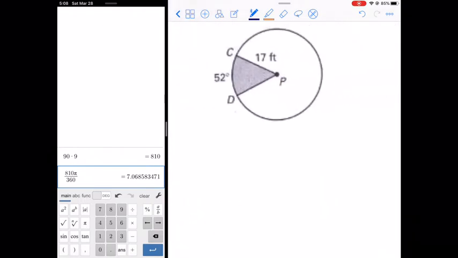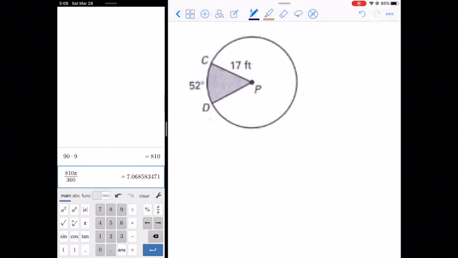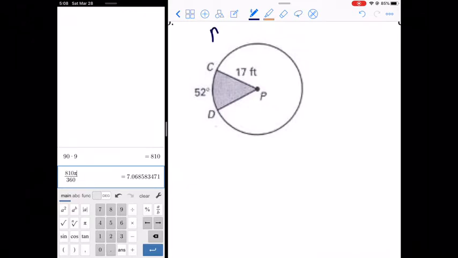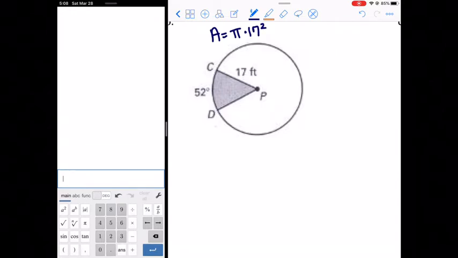So let's look at our next one. Here I'm given the arc measure is 52 degrees and the radius of this circle is 17. So let's go in and find the area of the entire circle. It's going to be pi times 17 squared. On my calculator, I'm just going to do the 17 squared so that I can have an exact answer.